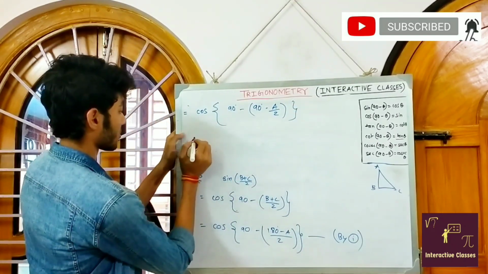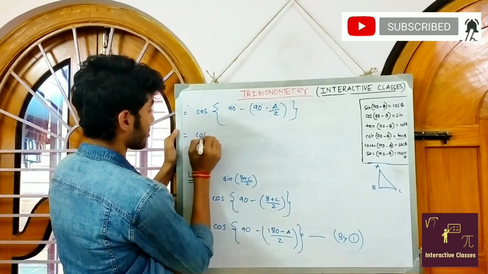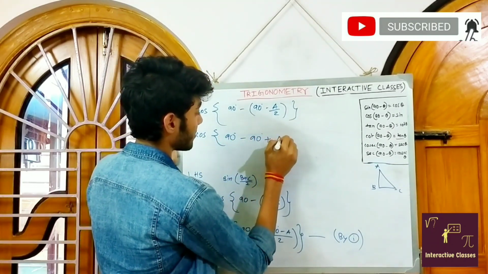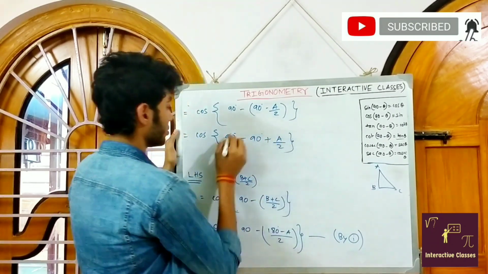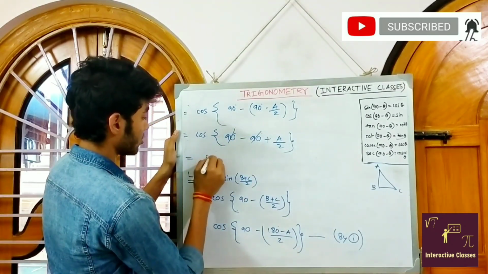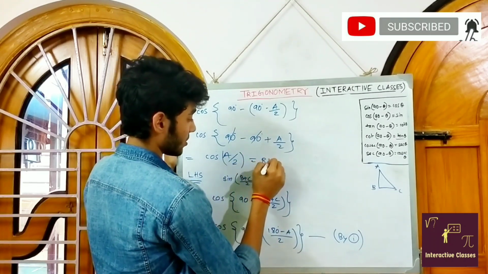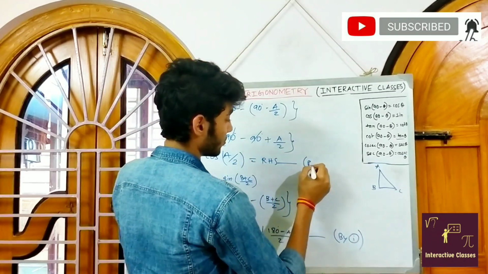So cos becomes 90 degree minus 90 plus A by 2. So 90 and 90 get cancelled. So cos A by 2, which equals RHS. That is proved.